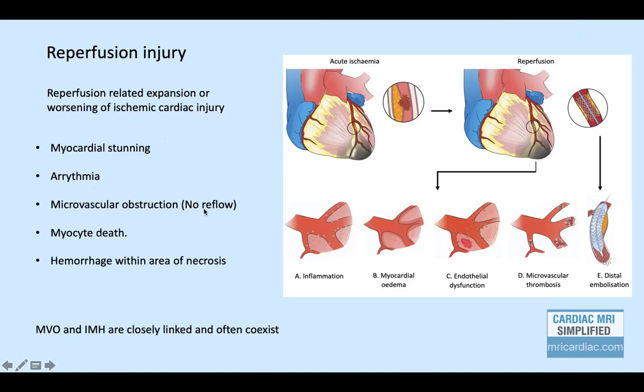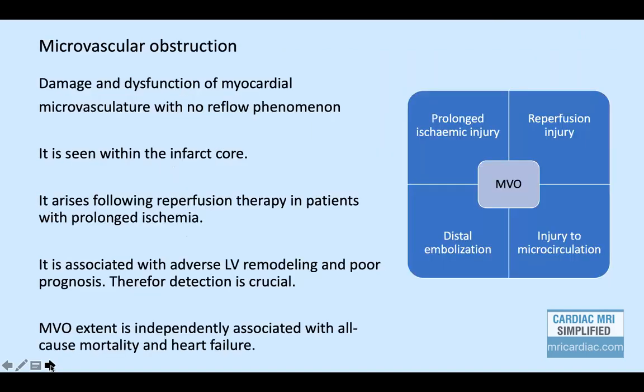Initially, it can lead to stunning of myocardium and occasionally arrhythmia. Microvascular obstruction, or no reflow, is seen at the infarct site as a no reflow phenomenon. Later on, it leads to myocyte death and some hemorrhage also occurs within necrosis. So microvascular obstruction and intramyocardial hemorrhage are progressive pathology of reperfusion injury. They are closely linked and often coexist.